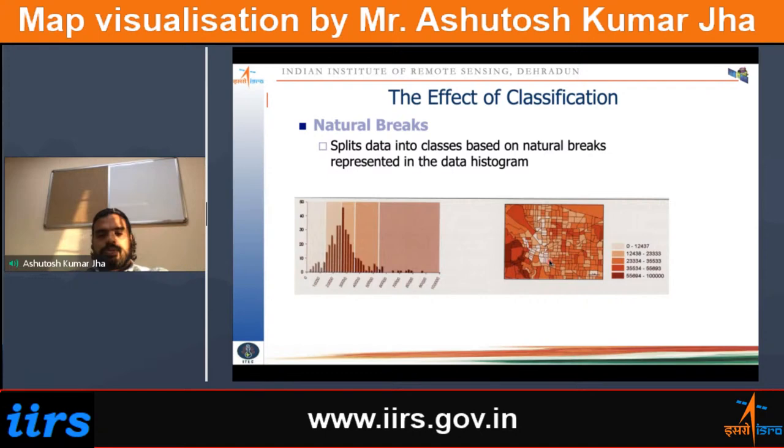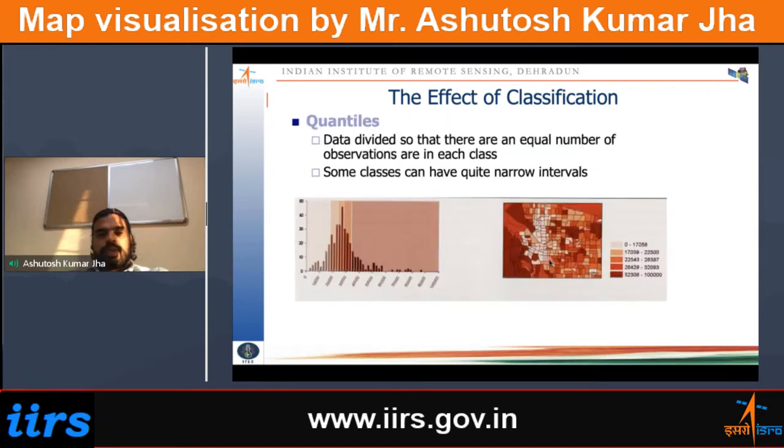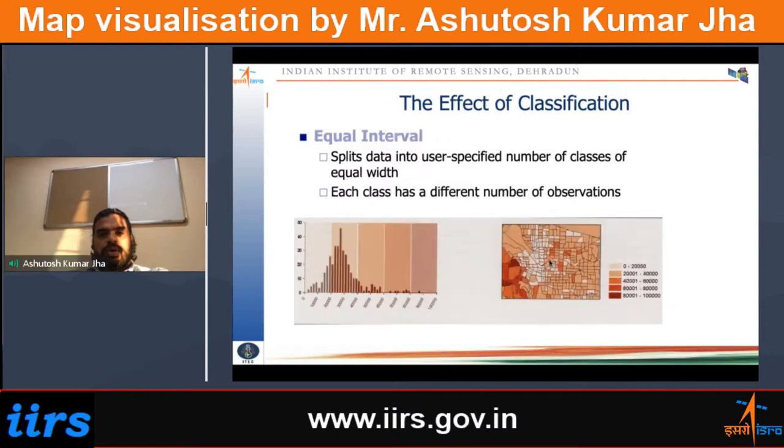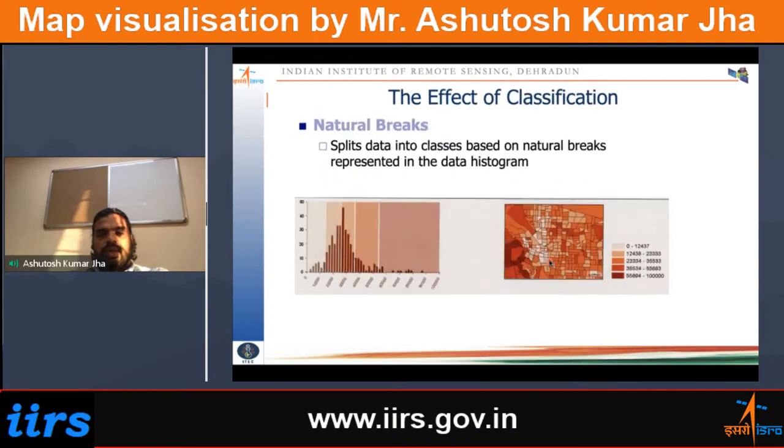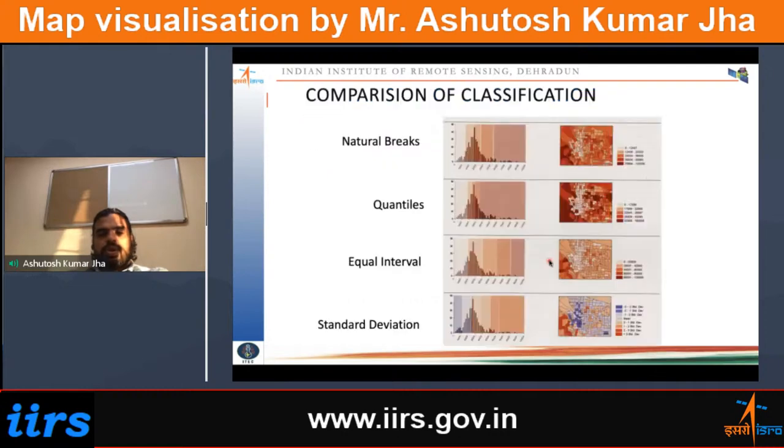If you see the comparisons of equal interval, quantile, natural breaks, standard deviations, and so on, and carry out those different ways of classification, what we observe is that the spatial representation of all this information also differs.